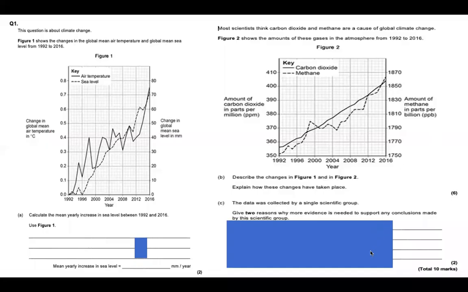Okay, so this is another question here. You don't have to do B, so ignore B. So this question is about climate change. Calculate the mean yearly increase in sea level between 1992 and 2016. So just take a minute, see if you can work out the answer to that question.